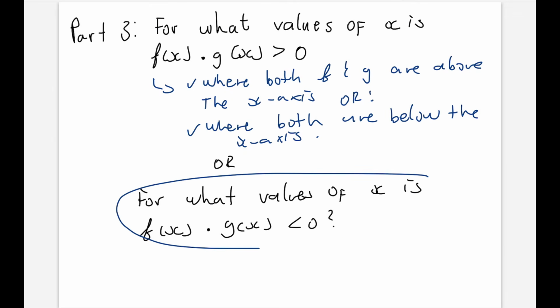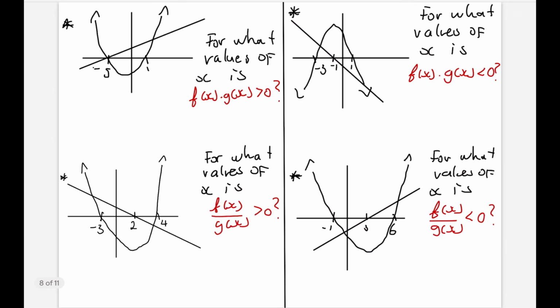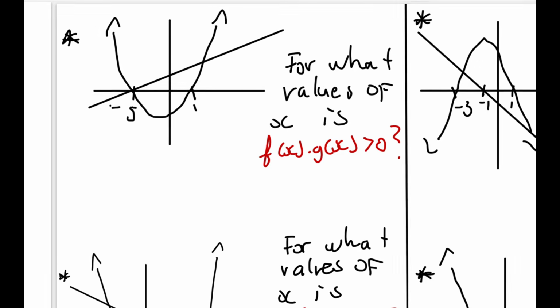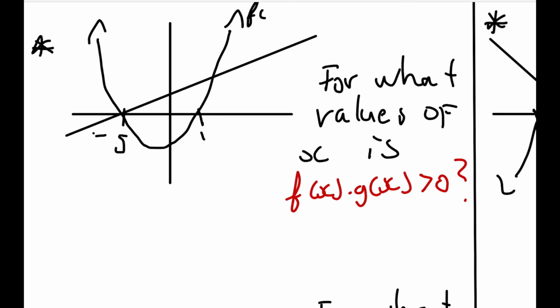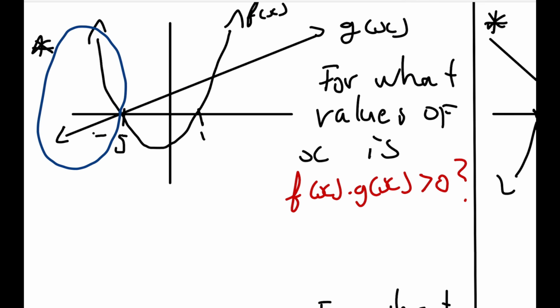Let's look at some examples before we talk about this part. Say we were given these two graphs here. Say that this was f of x, this was g of x. And we were asked, for what values of x is f of x times g of x greater than 0? That's just asking us for where both graphs are above the x-axis or where both graphs are below the x-axis. If you have a look at this region here, this does not work.